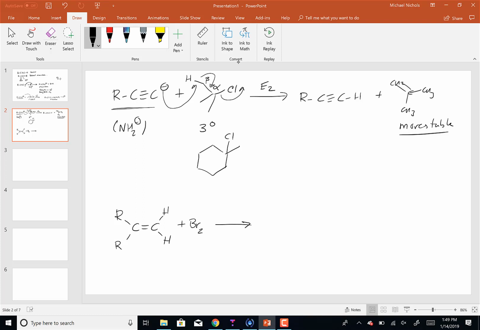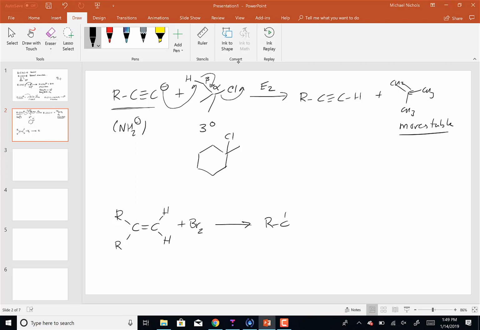How do we add them? Cis or trans? Trans. Why are they trans? The bromonium ion might still be there, which is good, right? We want to make sure it's there so we can do that.